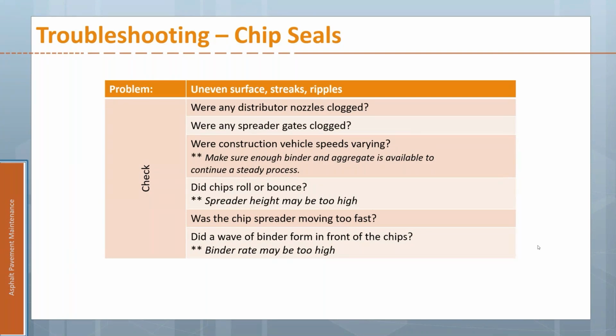And then if your chip spreader is too high, sometimes you'll have chips that hit and then they roll and bounce around, and that can develop a little bit of a pattern. We don't want to see that in the surface. Or maybe the chip spreader is going too fast. If you have a wave of binder that forms in front of the chips, your binder rate is probably too high. So those are some of the things that can go wrong, things to use for troubleshooting.